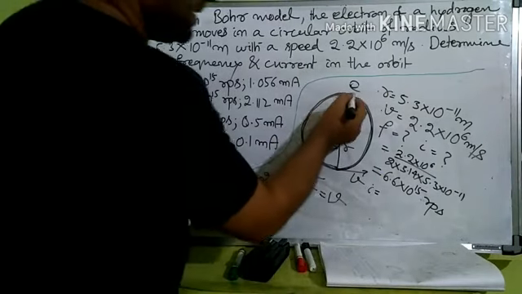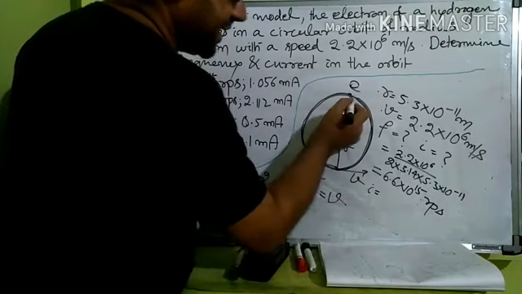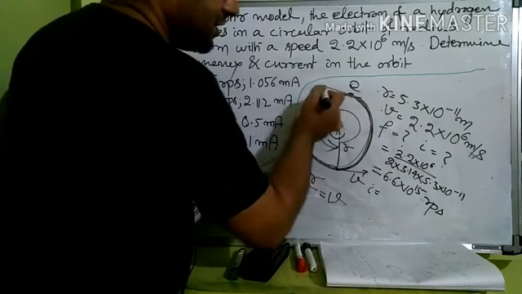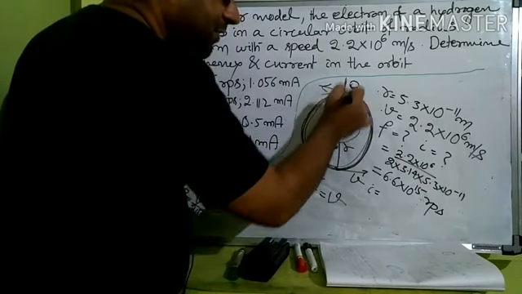Now see here, the frequency means these many rotations per second, so the electron is passing the same point that many times per second. If it is passing 10 times, that is equivalent to 10 electrons passing through a particular cross section.